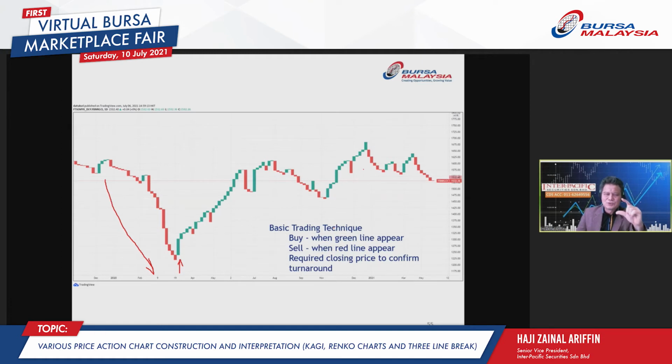That will tell you that it is a reversal, because that's what we're looking for. We are looking at either a breakout or a reversal. So using this technique, which is free, you can easily determine the reversal of a certain stock.